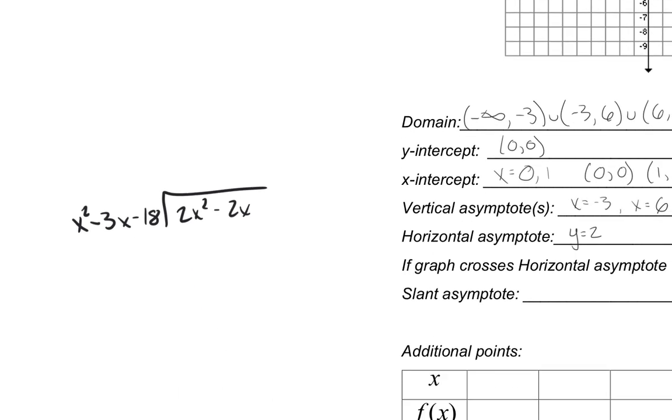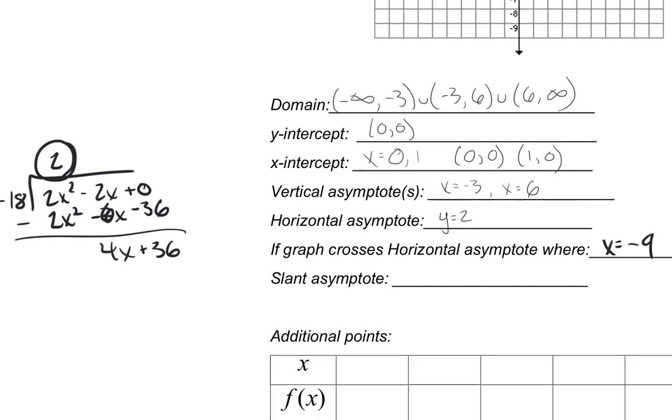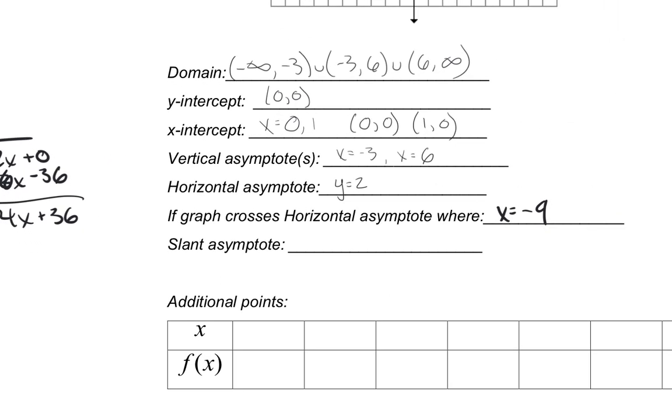So it's 2, and 2 times the divisor is 2x squared minus 6x minus 36. Subtract that, and you have 4x plus 36. And so here's our slant asymptote, which is just 2. So we don't have one. We just have a horizontal asymptote.